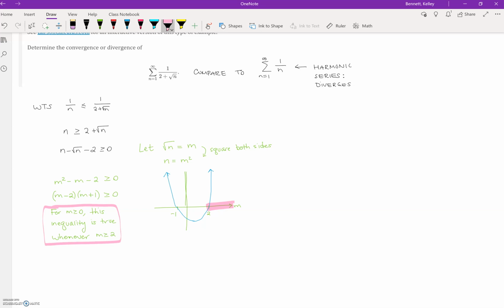Okay, so great. So we figured out what m values this is going to hold for. So now we need to translate that back into what n values this is going to hold for. So if I go back to my inequality here, if m is 2, then n has to be 4.